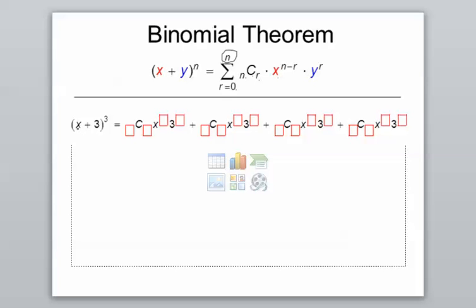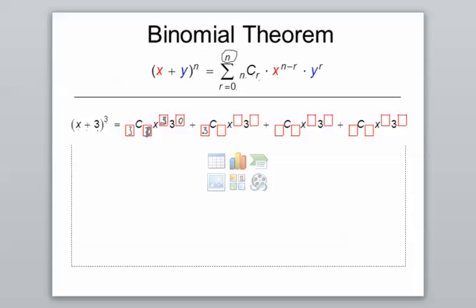For example, x plus 3 to the third power. Well, that's going to be the combinations of 3, and r here is going to be a 0. It's going to be x to the 3 minus 0, which gives you a third power, and 3 to the 0th power. Let's try that again.